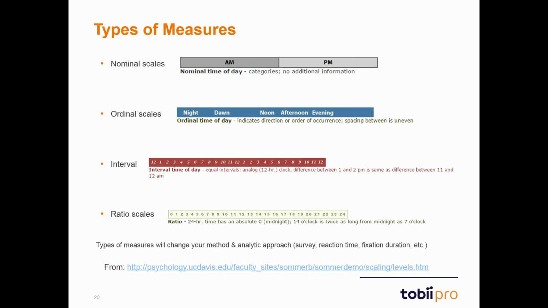Now, in addition to different types of experiments, there are different types of measures. You can check this out later on if you're not familiar with this, but the general idea is that there are nominal, ordinal, interval, and ratio scales. They are basically changing the level of granularity at which we can make claims about things, in terms of how we categorize them.